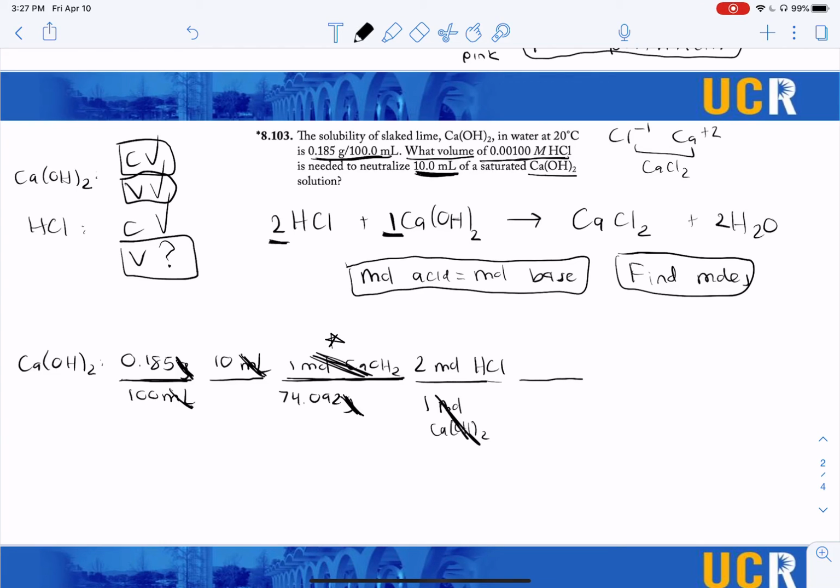Perfect. And then the question and the goal is to find the volume of HCl. And we also have the concentration of HCl right here. The concentration of HCl is 0.00100 moles per 1 liter. We just flipped it around.